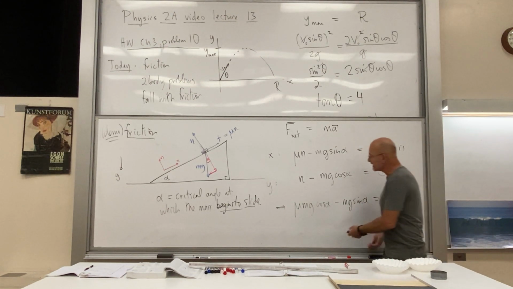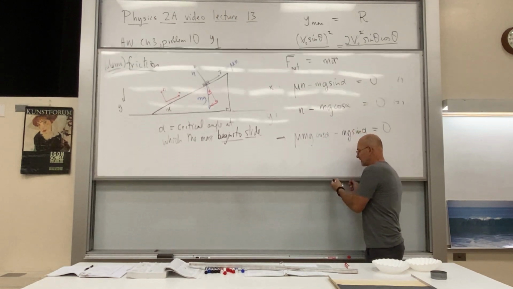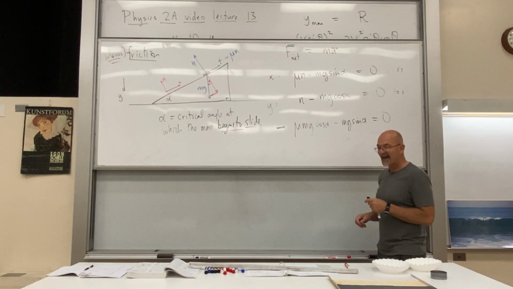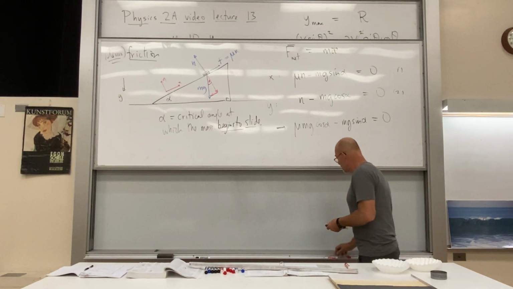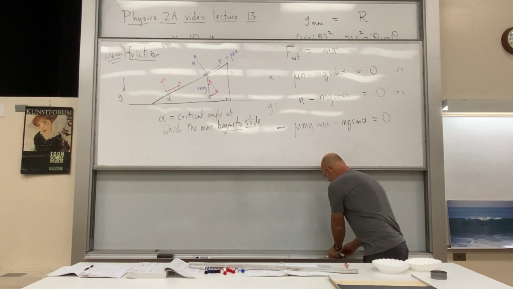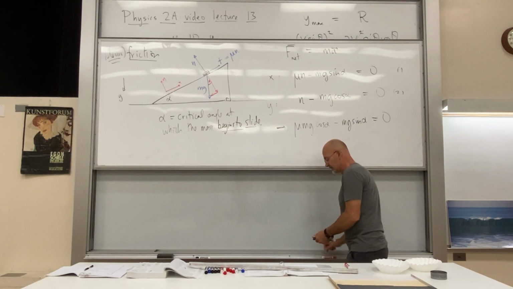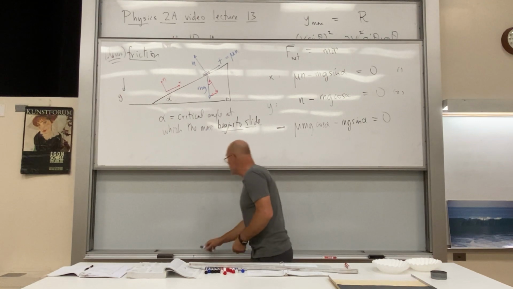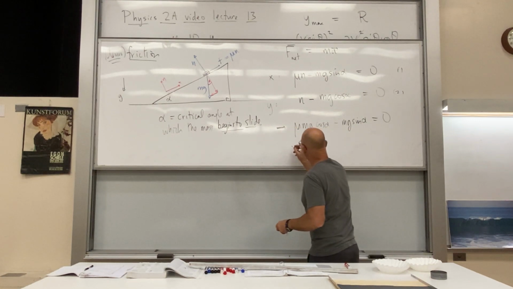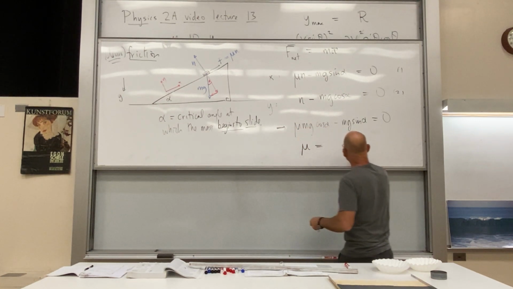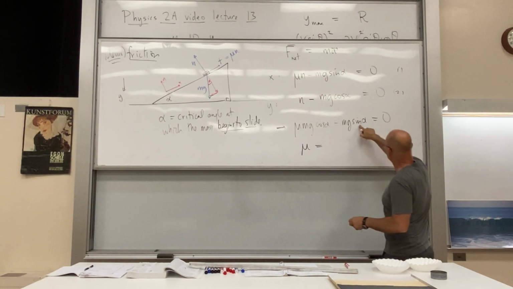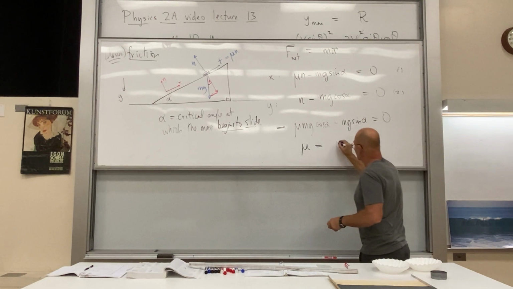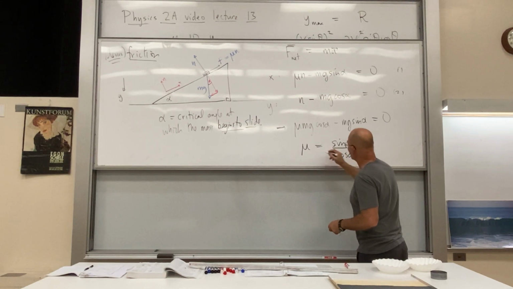We get a great result out of this, because what we're solving for is that coefficient of friction that we had on the friction race. So let's go ahead and put that up. Mu is equal to, notice the masses and g both cancel, so it's just sine alpha over cosine alpha.